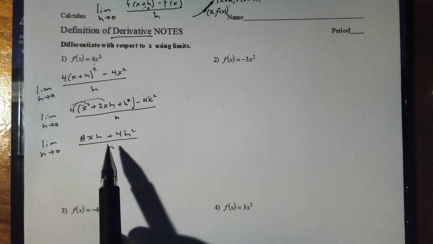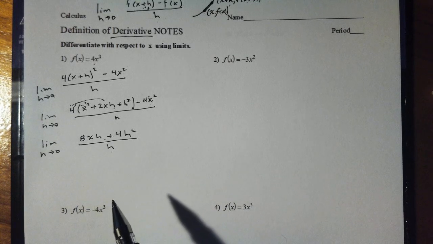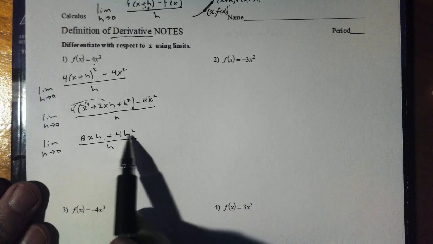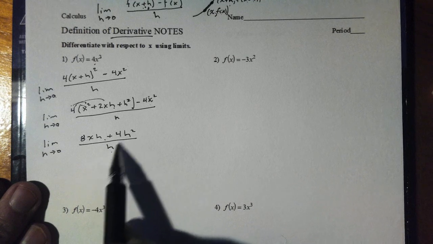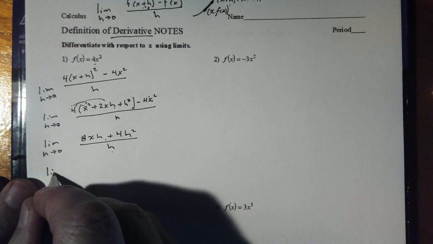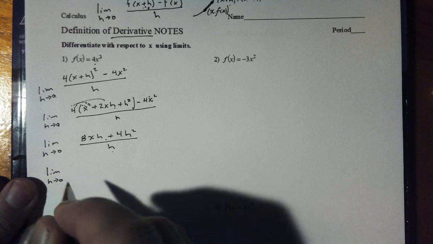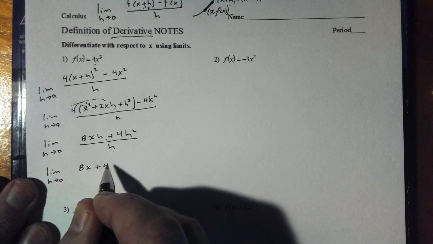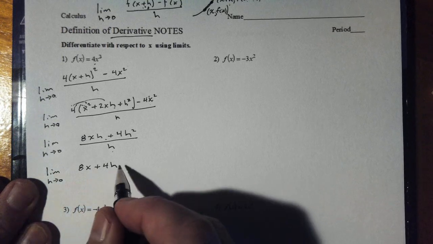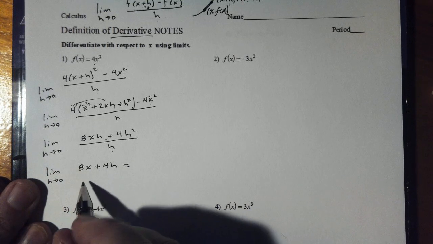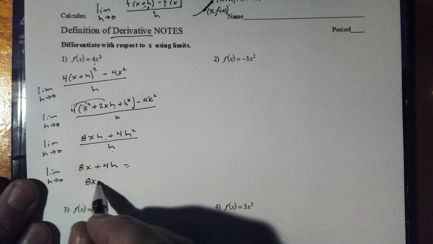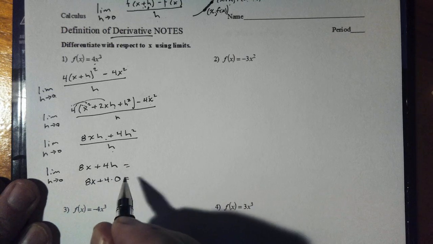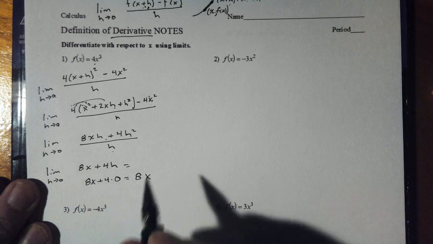If h is 0, I get 0 plus 0 on 0. That's a problem. However, I may now reduce by h, divide the top and bottom by h, and I want the limit as h approaches 0 of 8x plus 4h. And now, if h is 0, that becomes 8x plus 4 times 0, or just 8x.